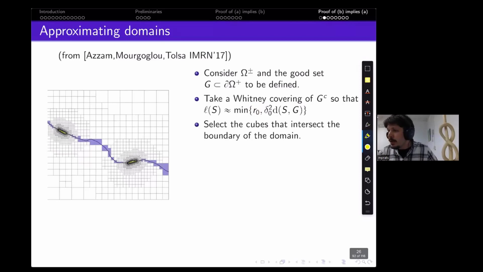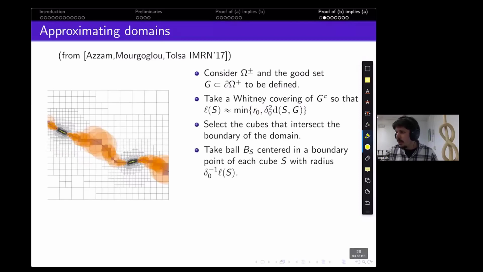Now you select the cubes that intersect the boundary of the domain, and you amplify them with balls. Notice that here the distance of Whitney cubes is essentially delta squared times the length of the cube, and here you put balls that are delta to the minus one. So there is a change of scale here.